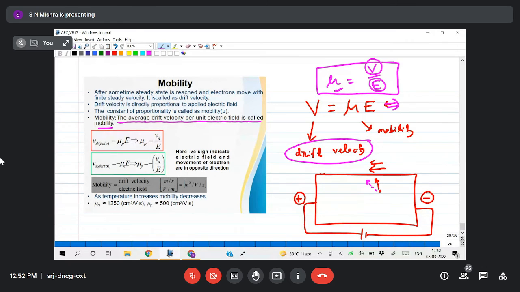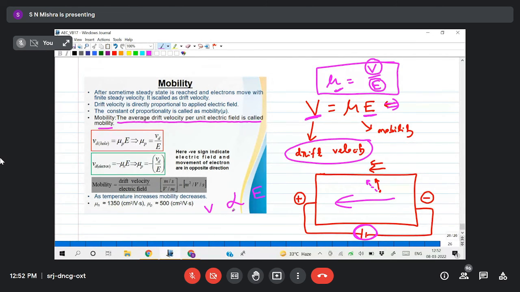So V equals mu E, and you can see this velocity is proportional to the electric field. In other words, how much velocity the carriers will move depends on the amount of voltage you give. So V is proportional to E. V proportional to E means if I apply more voltage, say 10 volt, then definitely the carrier will move faster, or the velocity will increase.